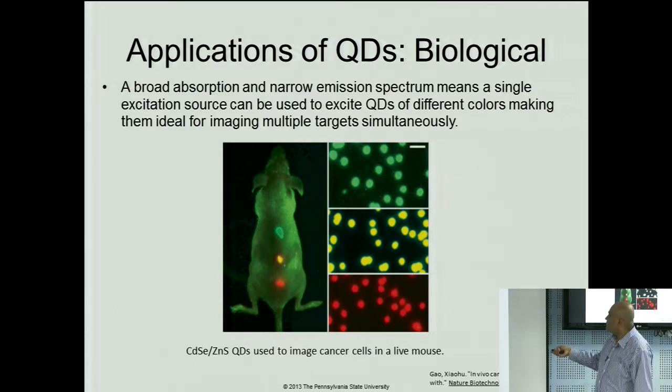So, maybe if you look at a tumor, you would be able to know which parts of the tumor are at an advanced stage, which part of the tumor is still at the growing stage or at the development stage. You can do it all in just one test.